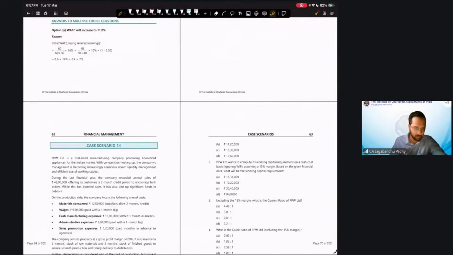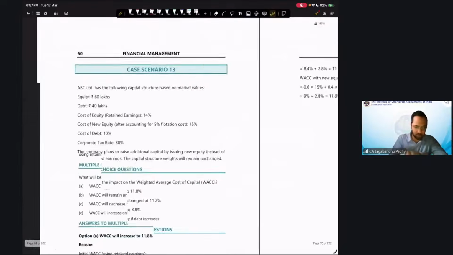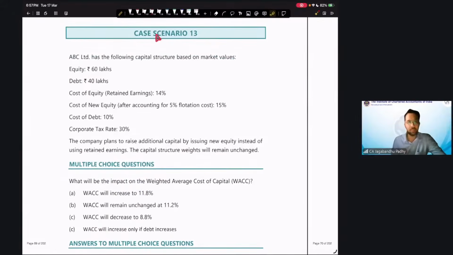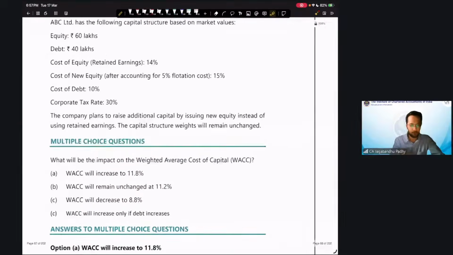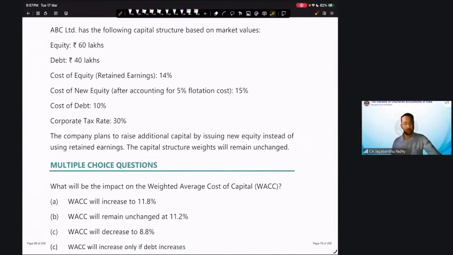Shall we take up the next one? It's just a small case scenario. Just one question. So try out this question number 13, guys. Try question number 13 or the case scenario number 13. Try to answer this.